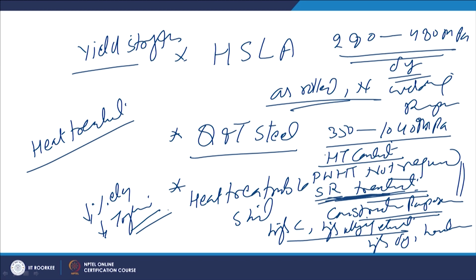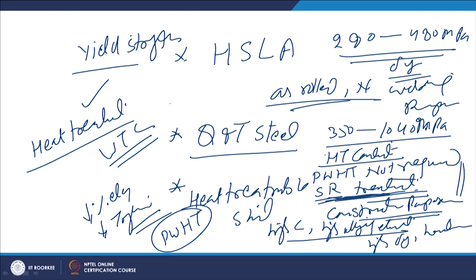These steels are mostly subjected to post weld heat treatment after welding in order to restore the properties, because these respond very rapidly to the weld thermal cycle. This leads to embrittlement of the weld as well as the heat affected zone, so in order to restore the toughness and other mechanical properties, post weld heat treatment is given to these steels.